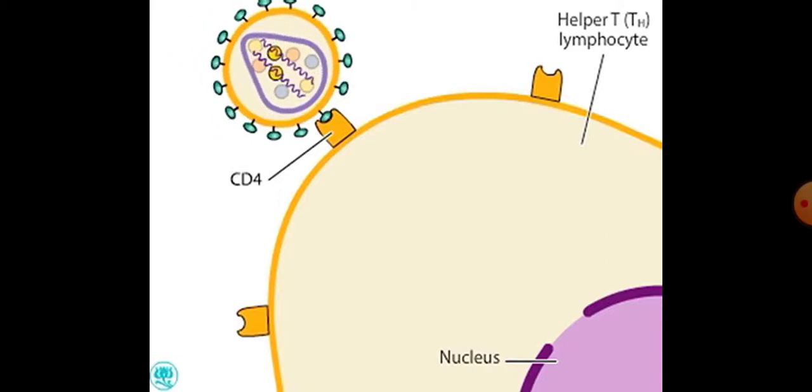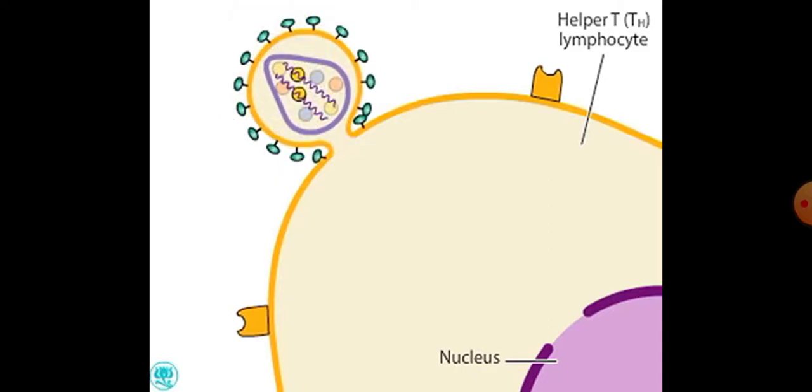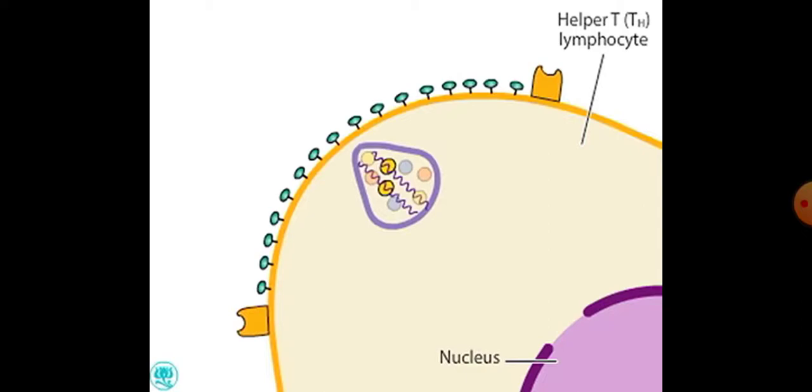The binding to CD4 and other cell surface proteins called co-receptors, not shown here, allows the virus to fuse with the cell. The lipid membrane of the virus incorporates into the cell's membrane, while the viral core enters the host cell. During entry, the core uncoats, allowing the viral genetic material, which is RNA, to enter the cytoplasm.